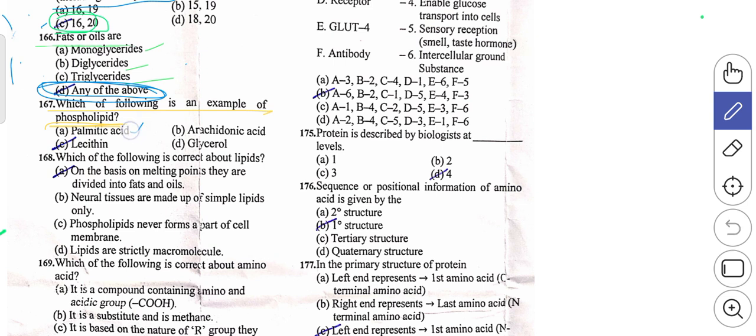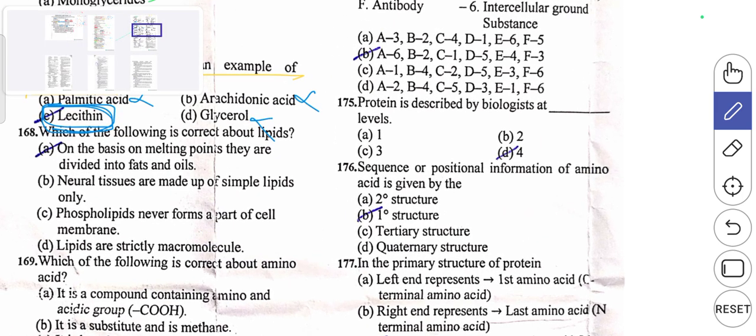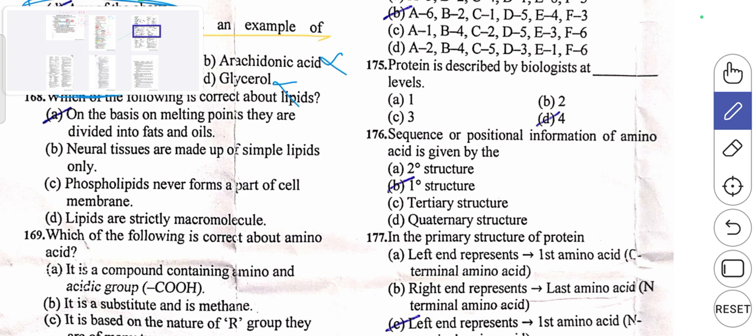Palmitic acid is not a phospholipid. Arachidonic acid is not an example of phospholipid. They have given lecithin in your textbook. So this is the right example for phospholipid. Then they have given glycerol, it is also wrong. So hence the right answer for this one will be lecithin.